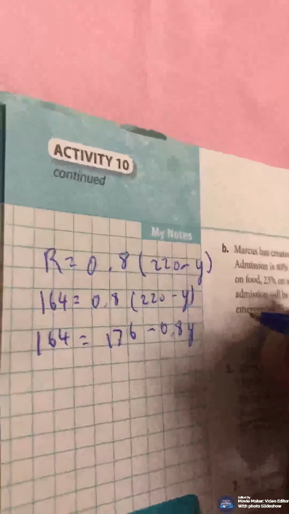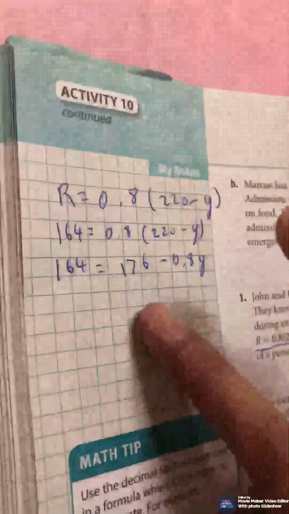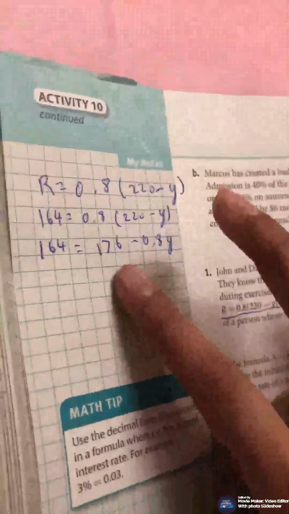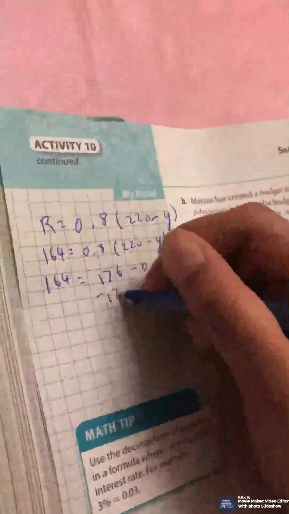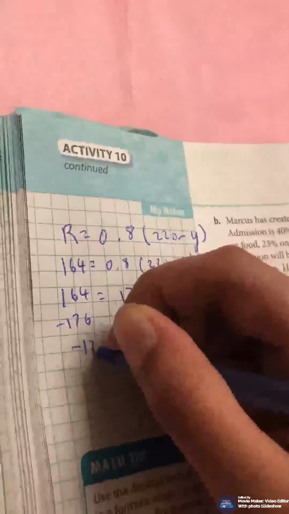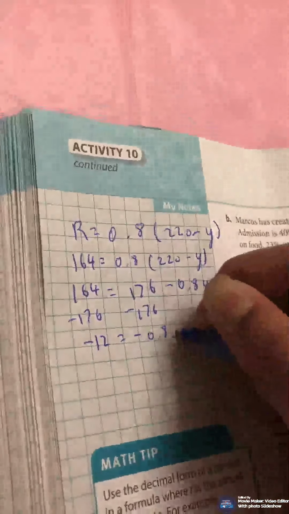And then I could use inverse property because when it is not a negative sign here, there's always a positive sign. So we could subtract 176 from both sides, so that would be the inverse property. So let's do that. 176 subtracting from both sides, that would result in negative 12 equals negative 0.8Y.